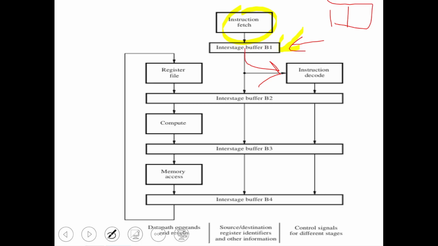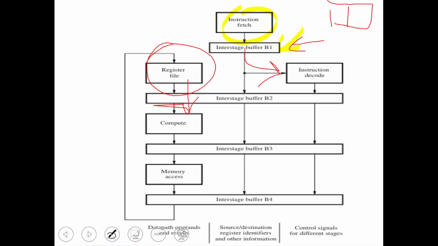And here another component comes into the picture, called the register file. From the register file, the required data is passed along with the instruction. Once the instruction is decoded, it goes to the compute stage.